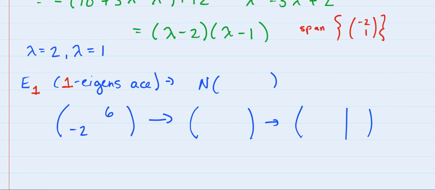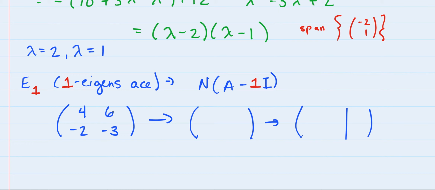So we're going to take A and subtract 1 times I. This was a 5, and then we subtract lambda, we get 4, 6, -2, and this was a -2, subtract 1, you get a -3. So notice that if we double this row, we get a -4 and a -6, and it would cancel this row.